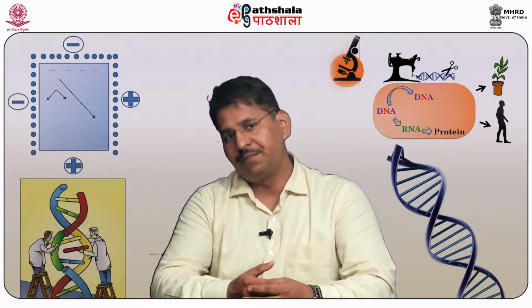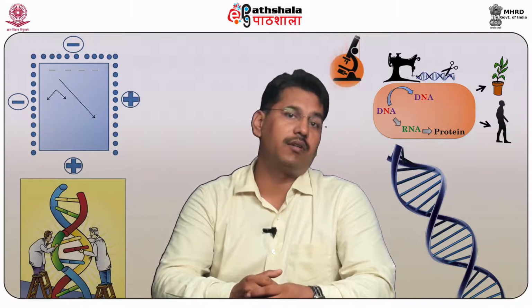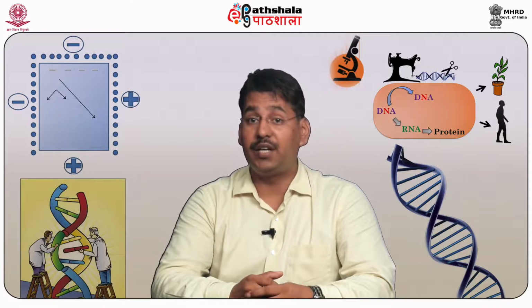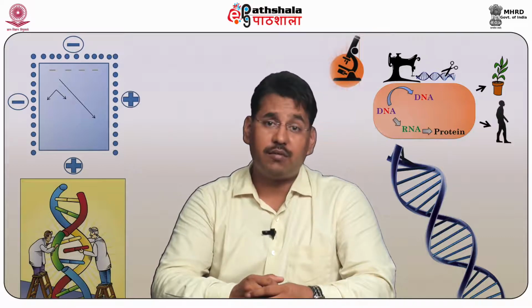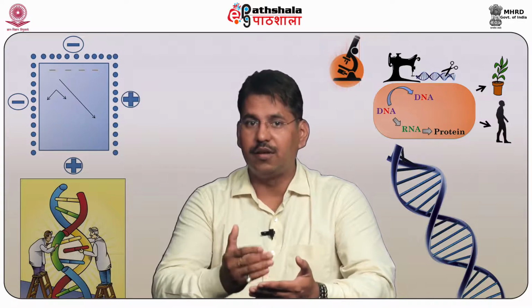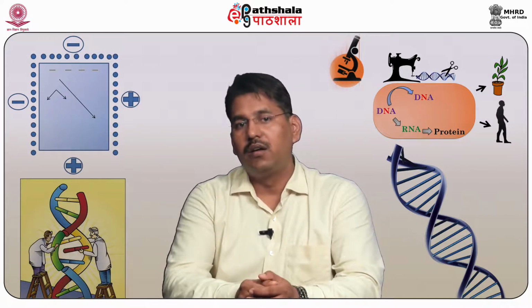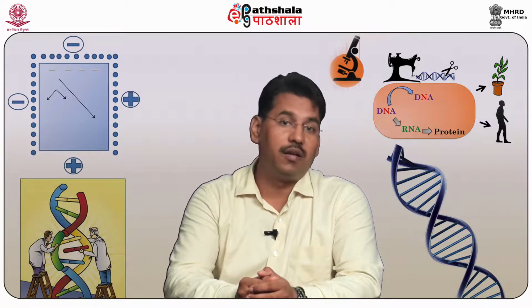ABI SOLiD sequencing. This was developed in 2007 and works on the principle of genomic library construction and ligation followed by sequencing. It uses DNA ligase for sequencing rather than DNA polymerase because ligation is necessary in this step. The genome to be sequenced is randomly fragmented and then ligated to adapter molecules.